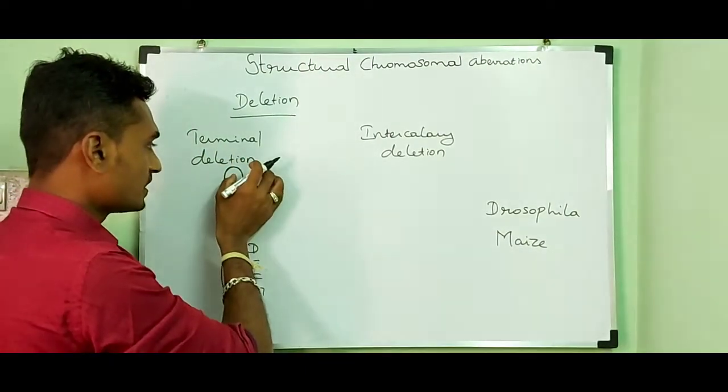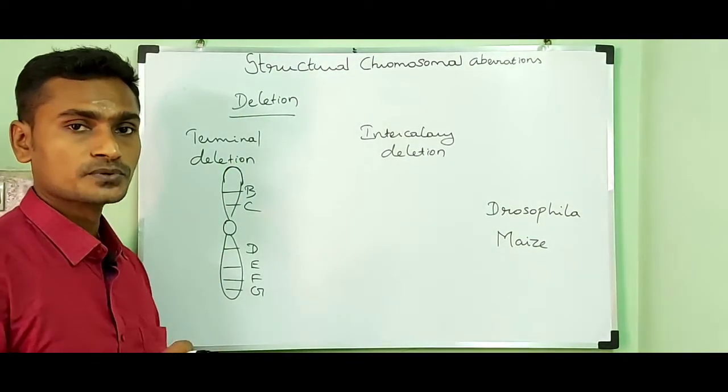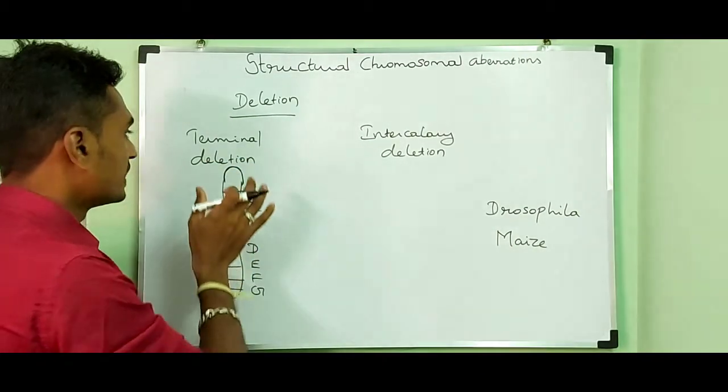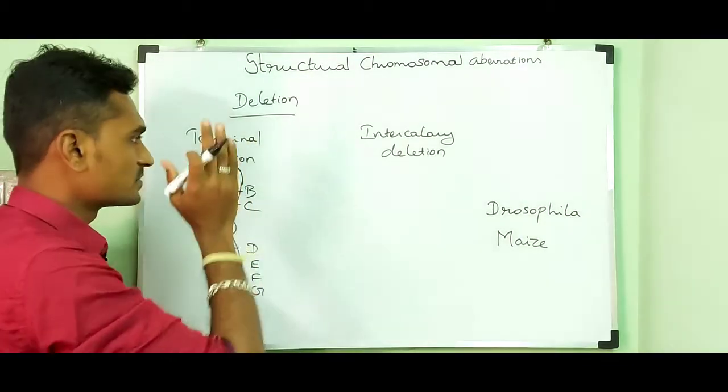So the capital A allele is removed from the chromosome, and that type of deletion is called terminal deletion.